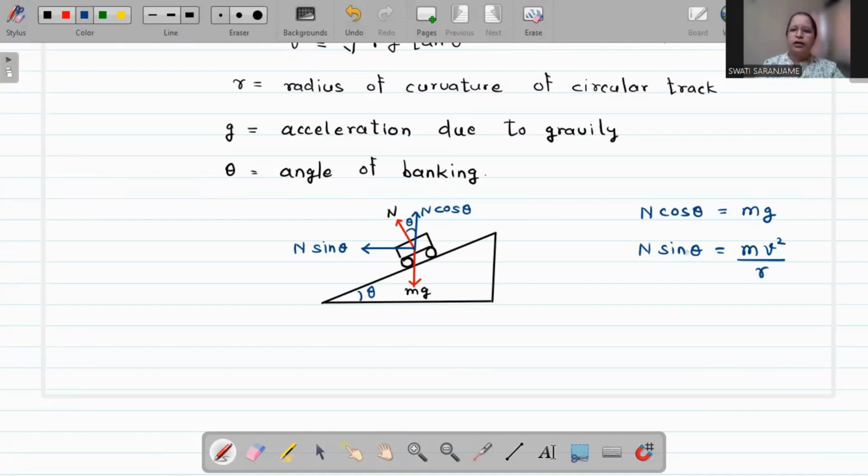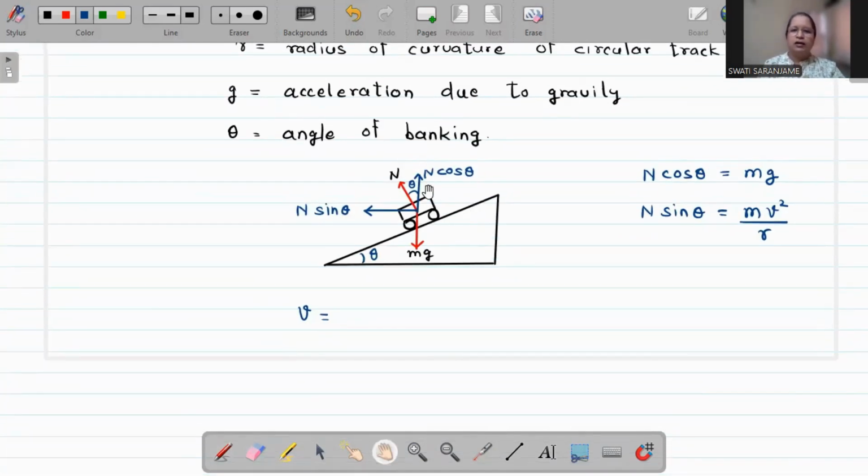And by doing some mathematics over these equations, we have arrived at the final expression for the safest speed with which the car can be driven on the curved banked road, neglecting friction: v is equal to under root r g tan of theta.